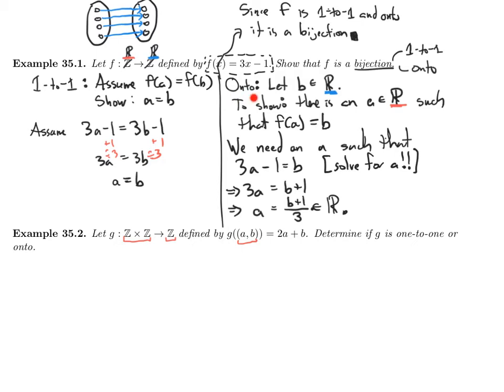And if something isn't onto, then there's some element of the integers that doesn't get mapped to from Z cross Z via g. So pause the video now and think about that, prove or find a counterexample.